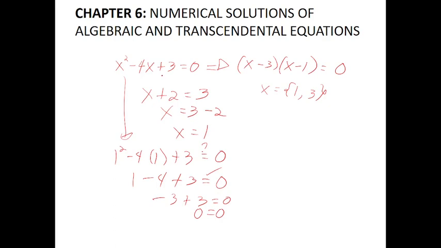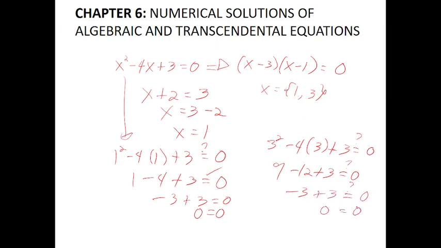On the other hand, if x is 3, this will give us 9 minus 12 plus 3, negative 3 plus 3, yes, they are equal.